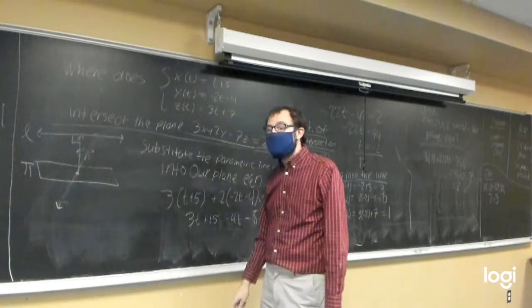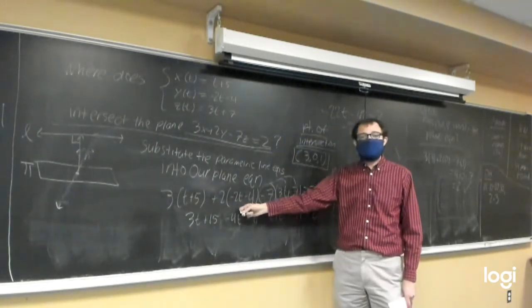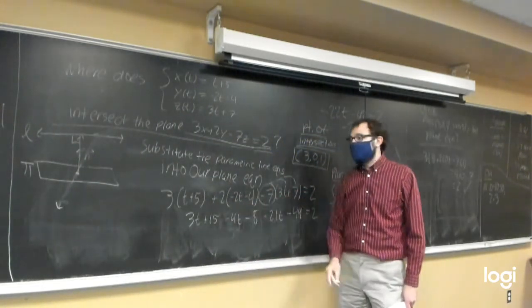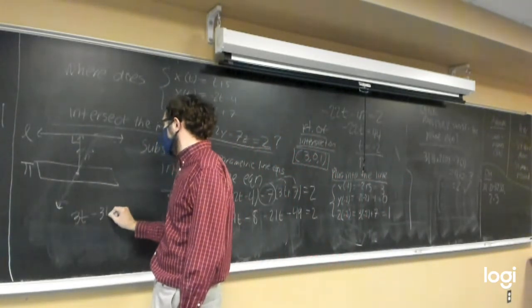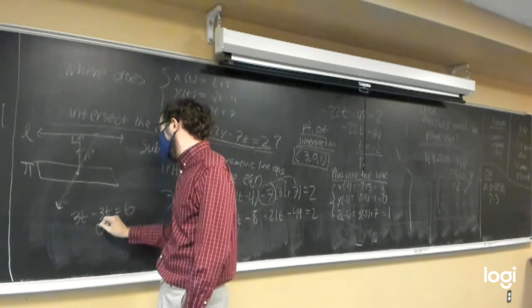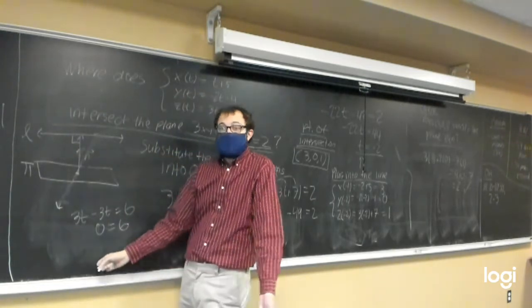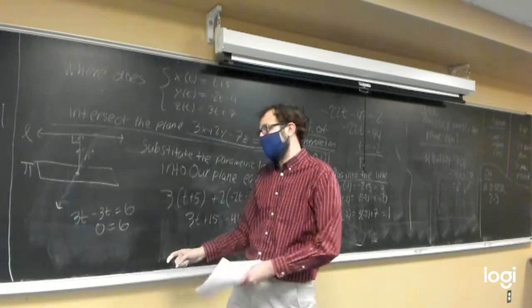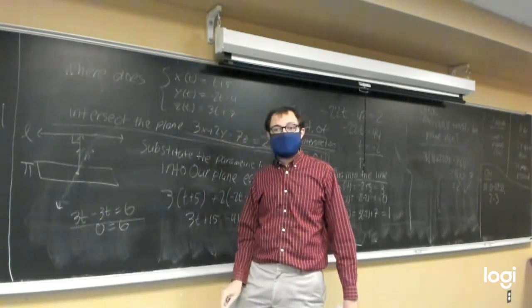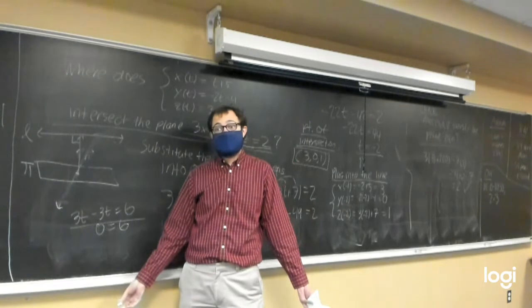I think if that would happen, what you would end up with is this equation has no solution. You'd end up with something like, I don't know, 3t minus 3t is equal to 6, which if you simplify, would just give you something that couldn't possibly happen, that has no solution. No matter what you plug in for t, 3t minus 3t will never be equal to 6.